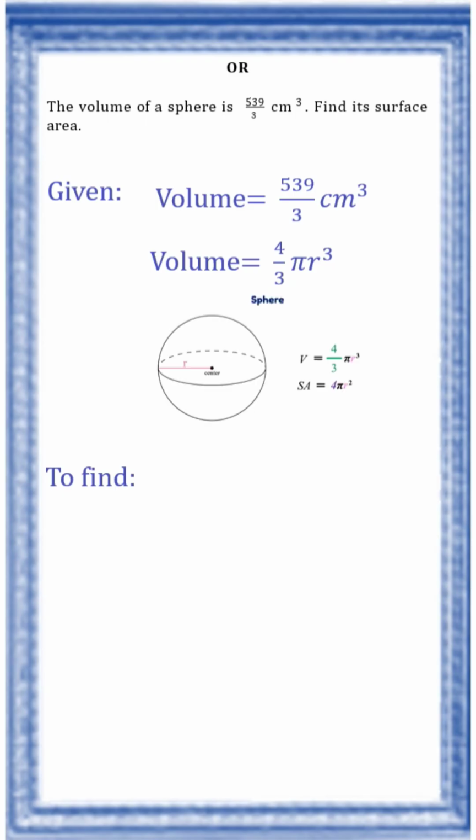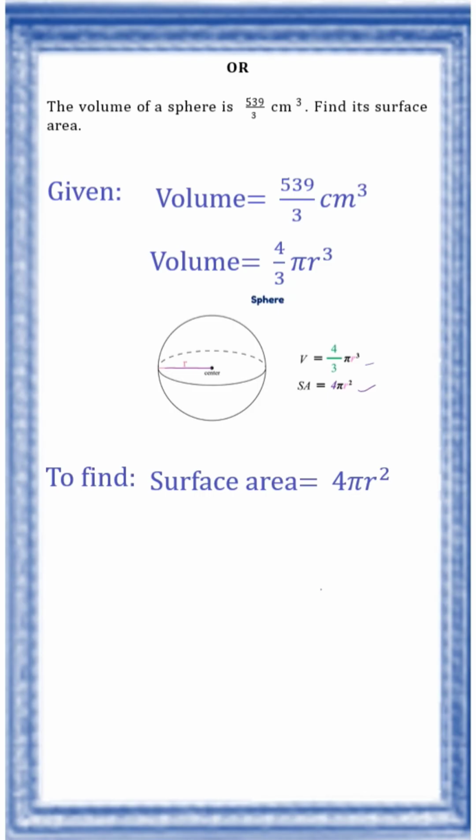Surface area of the sphere, which is equal to 4 pi r square. I have given the figure of the sphere to make it more understandable. Here you can understand that both volume and surface area require the radius. We have not been given the radius. So now let us find the radius.